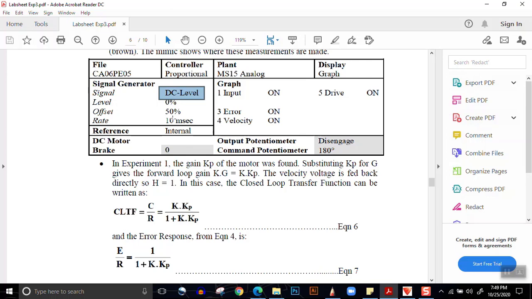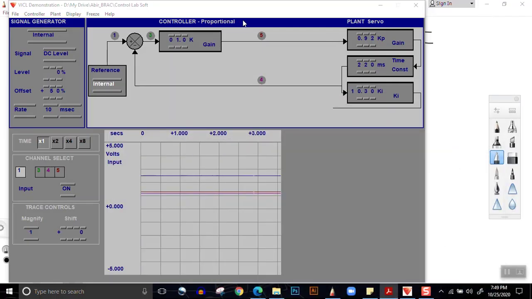Wait 10 milliseconds, and controller is proportional. Offset is 50%, rate is 10 milliseconds. Everything is as it's supposed to be. Now the graph that you see is this graph over here. This is the input, 2.5 volts, and this is the error graph. Error graph is switched on.